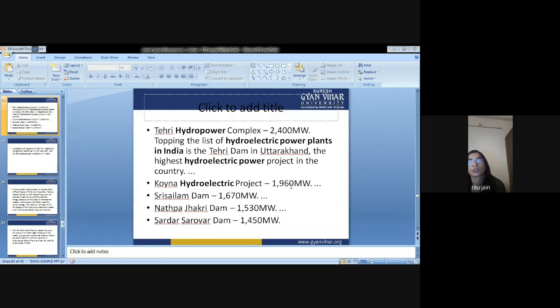Third is the Srisailam Dam, generating 1,670 megawatt. Another is the Nathpa Jhakri Dam, generating 1,530 megawatt, and Sardar Sarovar Dam, generating 1,450 megawatt. These power plants come into the category of high generating power plants. It is not small; generation is very high.